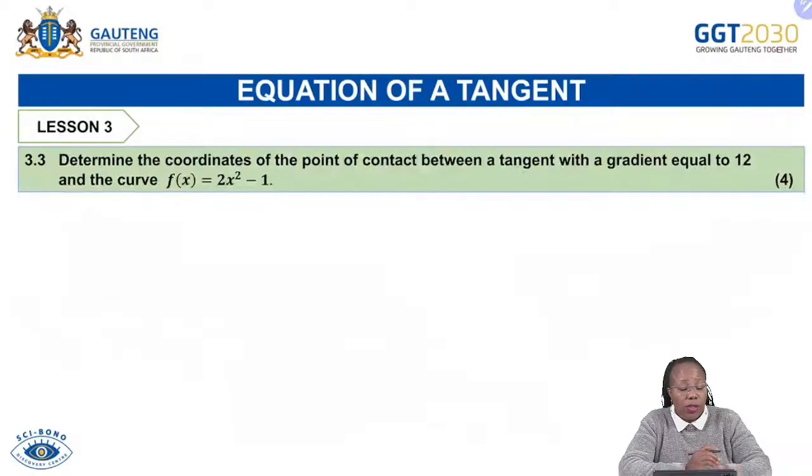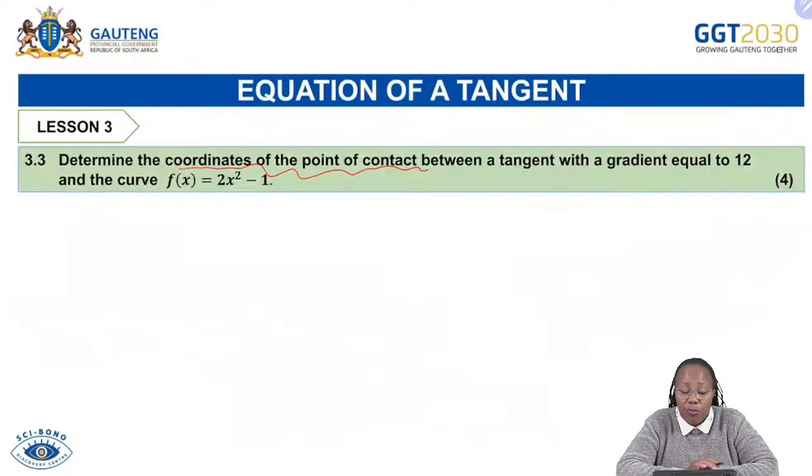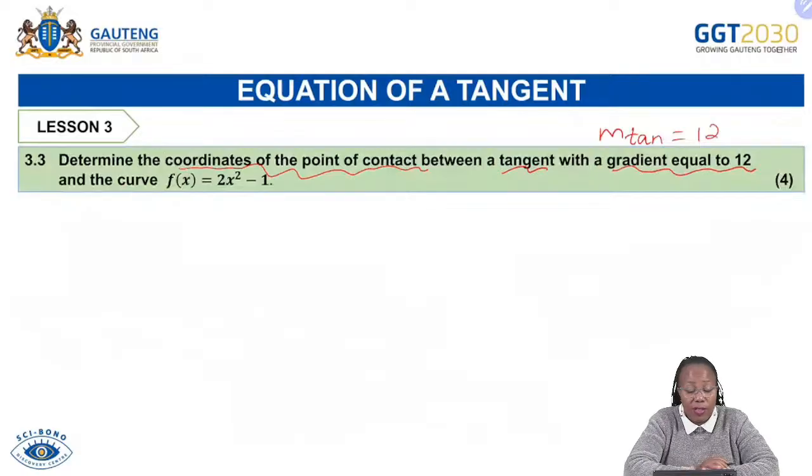And then now, next 3.3, determine the coordinates of the point of contact between a tangent with a gradient equal to 12. We are given a gradient here of a tangent. That means m of a tangent is equal to 12 according to the statement.